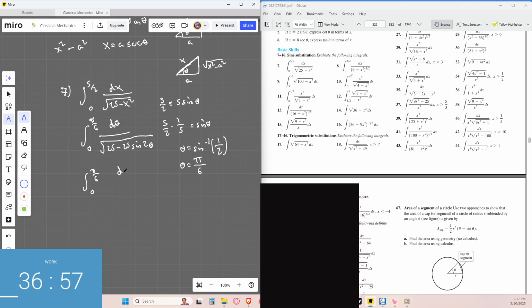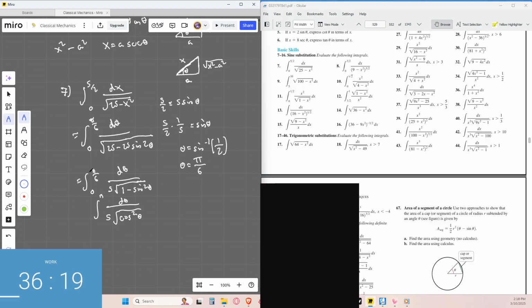Like so. So we factor out 5. Well, actually, we factor out 25, and then we're left with sine, like so. Then we'll change this to cosine, like that.